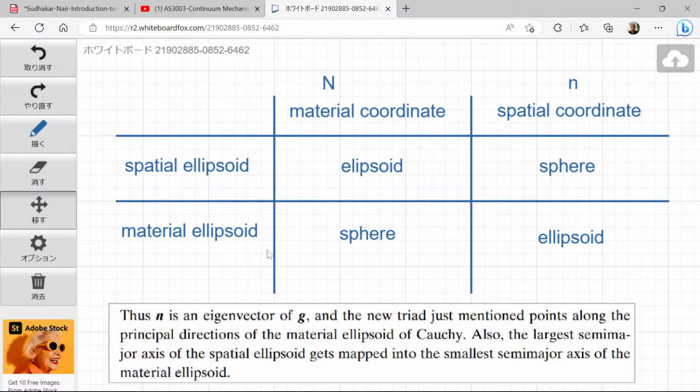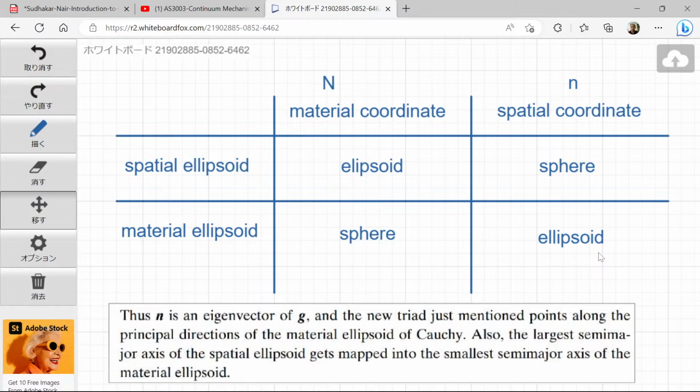Yeah, so n is the eigenvector of G, and the new triad just mentioned points along the principal direction of the material ellipsoid of Cauchy.